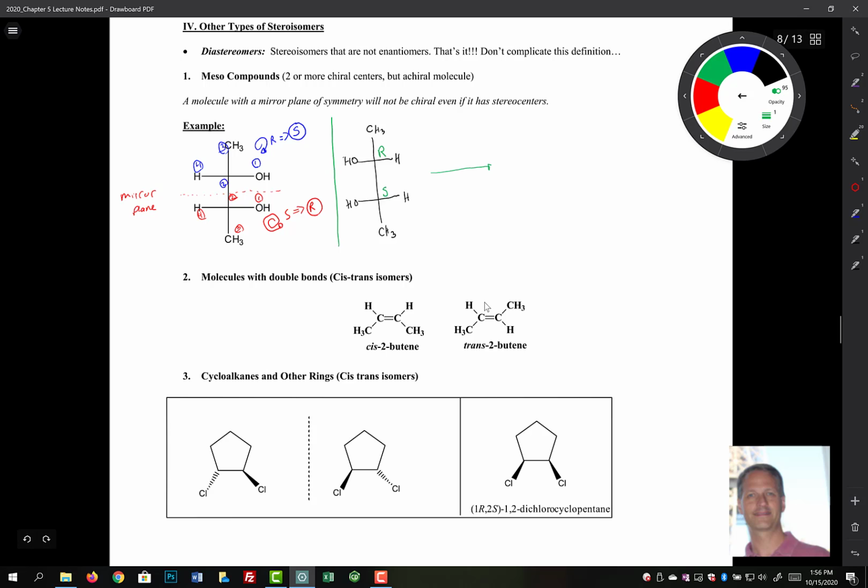Different molecules. But what we're going to do right now is a 180 degrees flip. So we're going to take this and flip it up to the top. We're going to take this and flip it down to the bottom. Because remember, we're allowed to do that with Fischers. What that's going to give us is our CH3 down here at the bottom, but it's just going to move the position of our OHs.